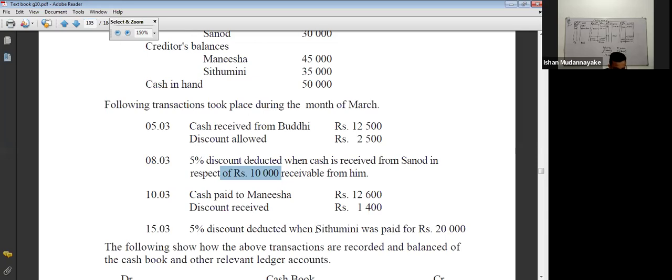Here also a 5% discount is deducted when Situmini was paid for 20,000. Situmini is going to pay us 20,000.